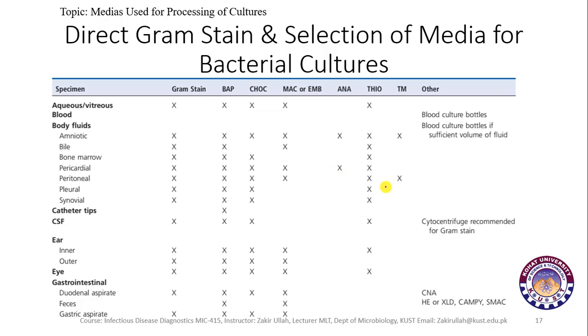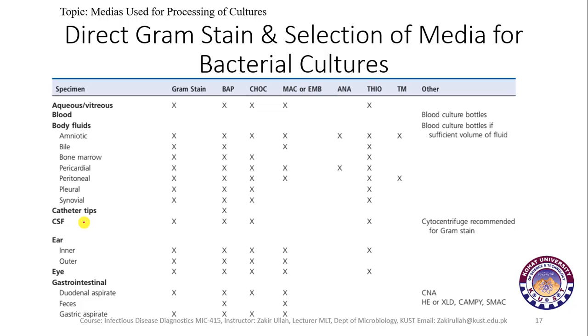And the peritoneal fluid may also be inoculated on Thayer-Martin agar because of some cocci which cause inflammation of the brain and the layers of the brain. So that's why meningococci are inoculated on this Thayer-Martin agar.